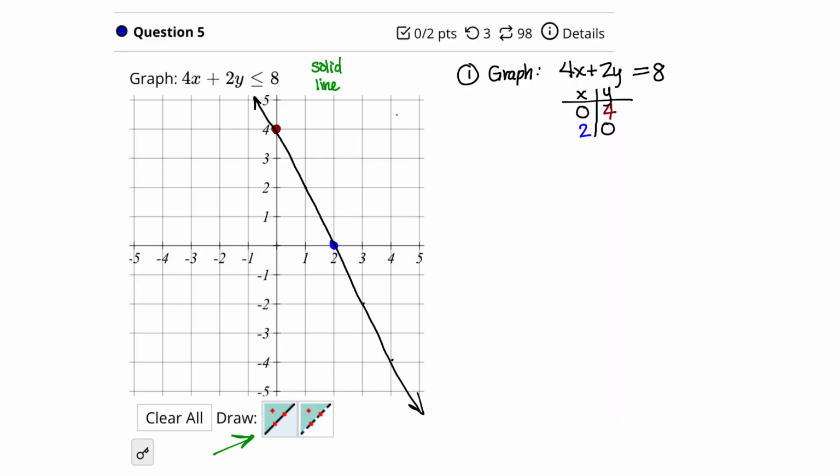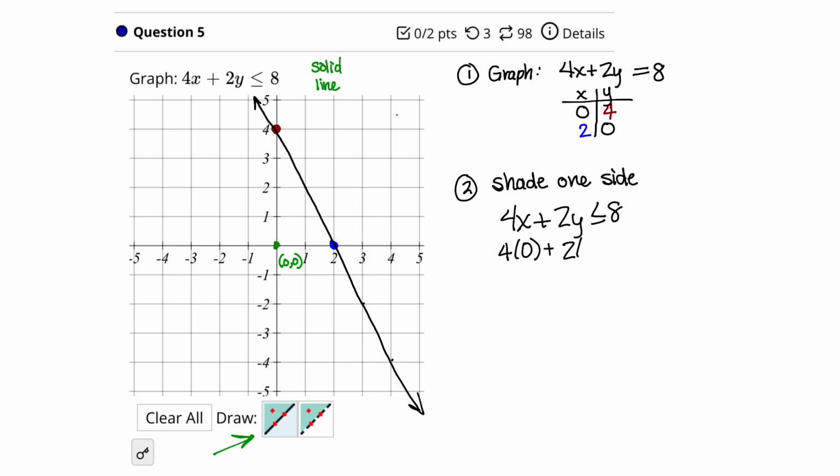Okay, so now we need to figure out which side to shade, which means we need to check a point. And 0, 0 is available, so I'm going to check it. So 0, 0. And remember, this time you put it into the original. So I'm going to do 4 times 0 plus 2 times 0.